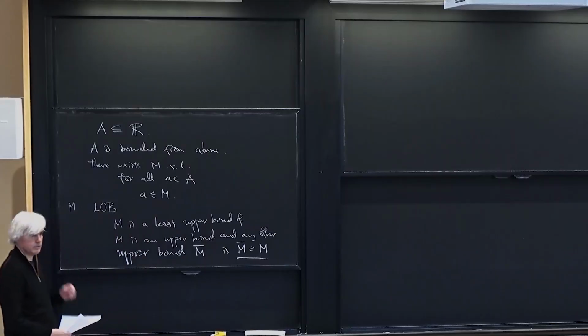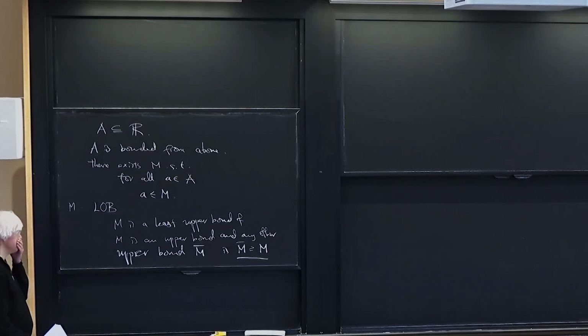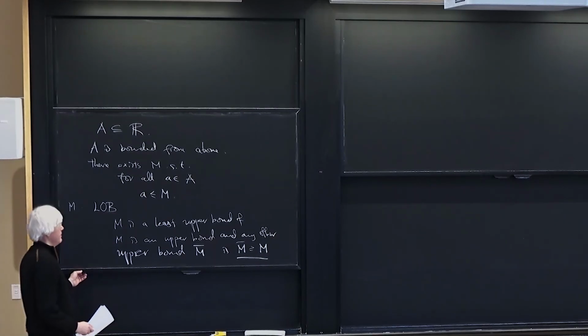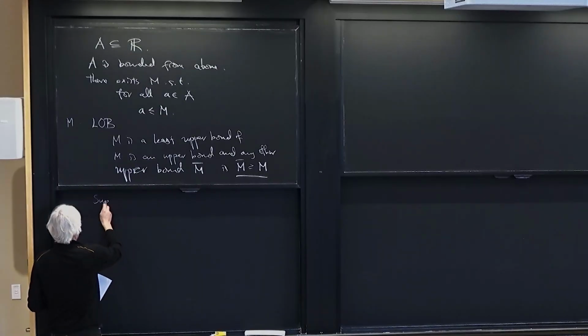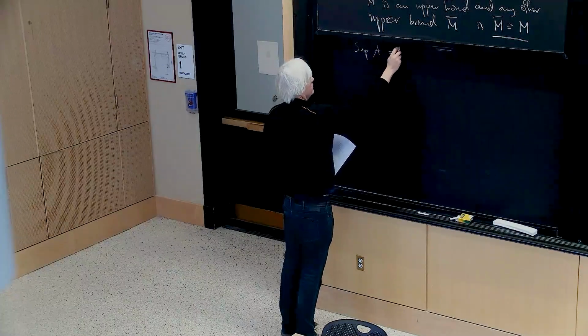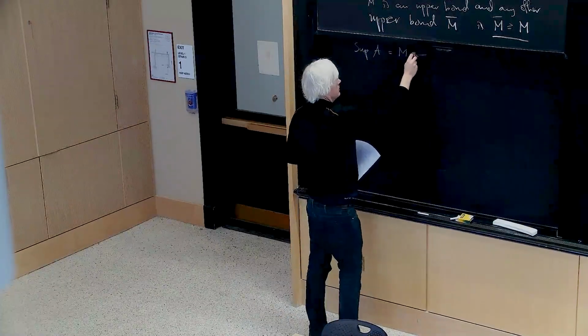So this is what it means to be a least upper bound. The least upper bound is what we denote by sup A.